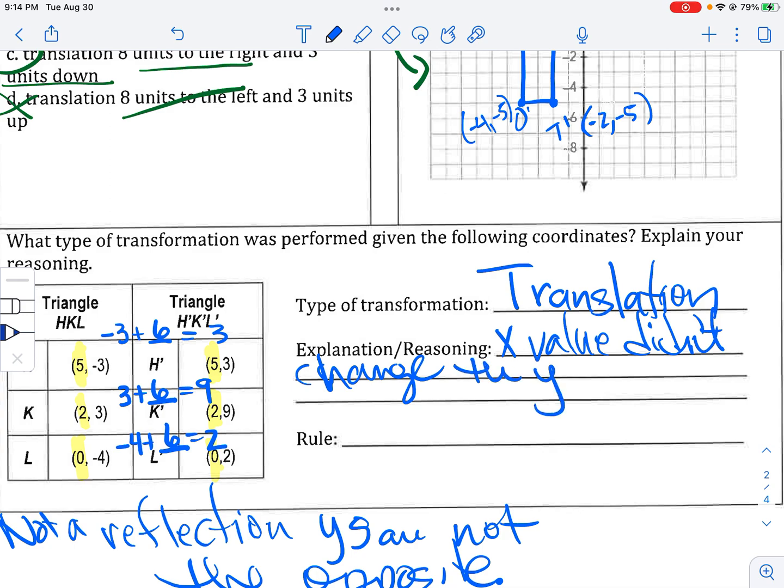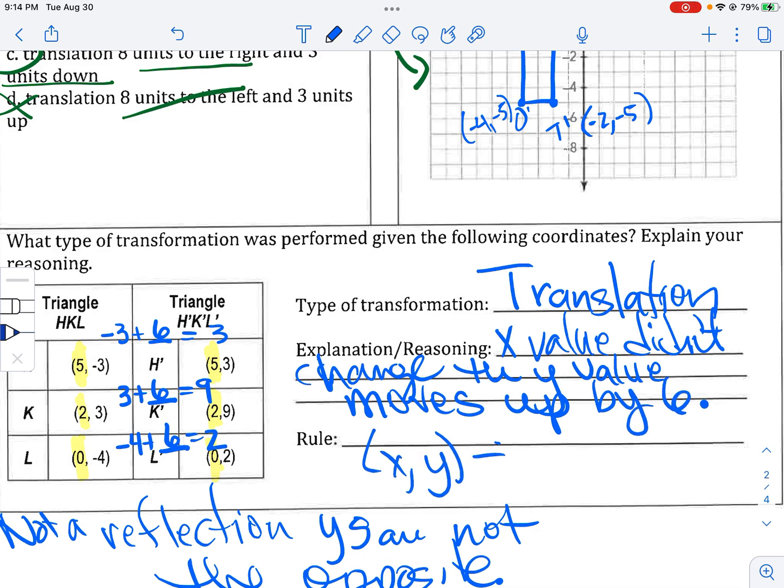The y value moves up by 6. So the rule, the x stays the same, the y goes up by 6.